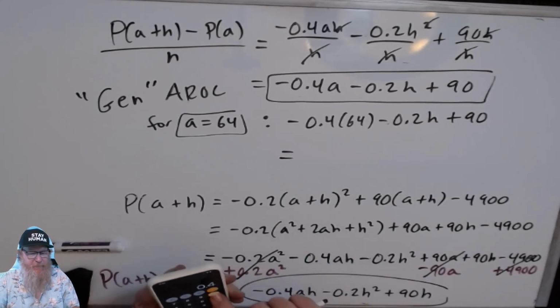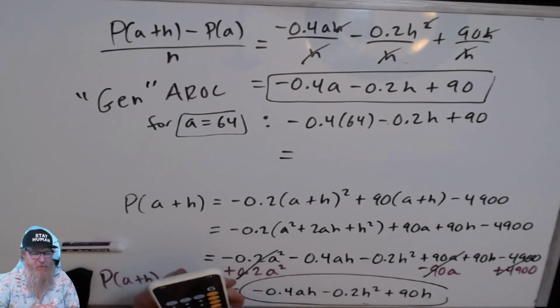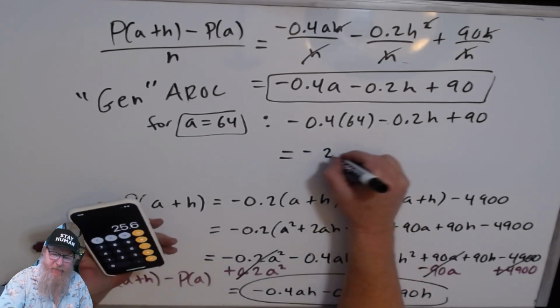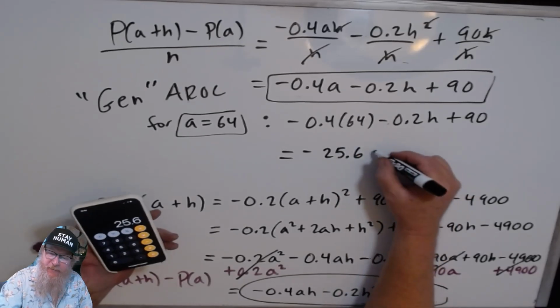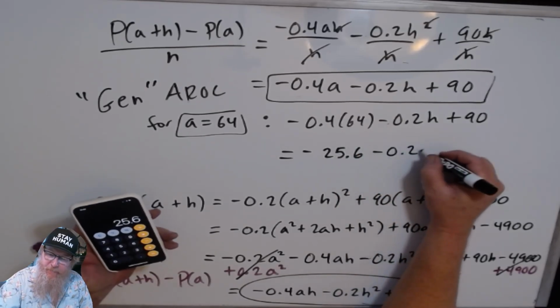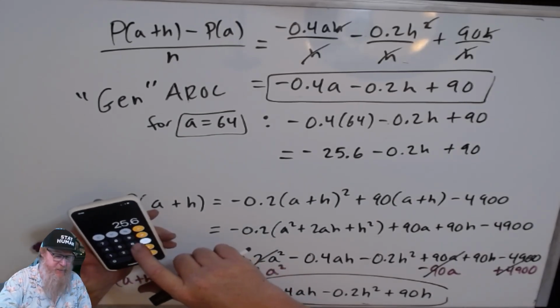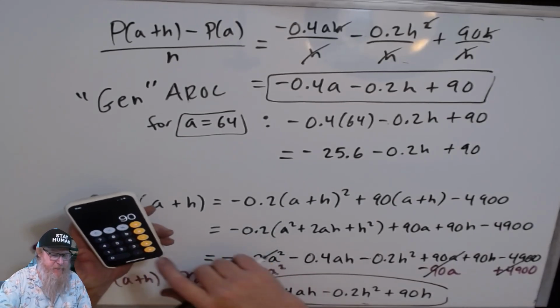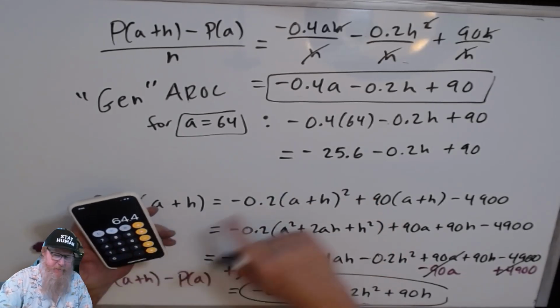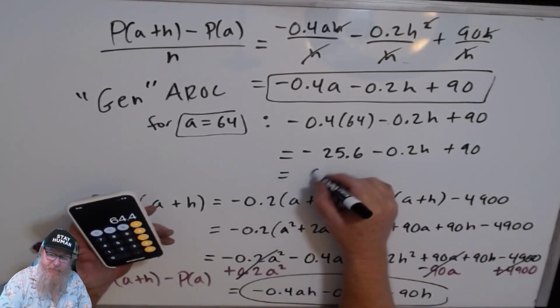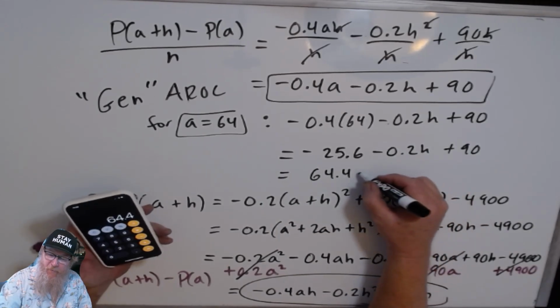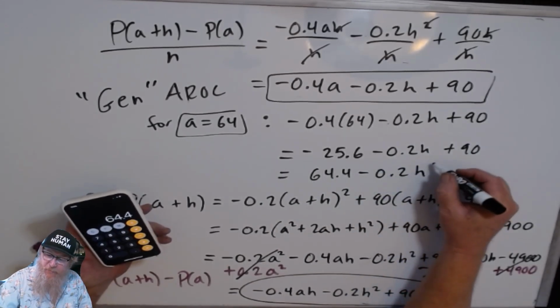Negative 0.4 times 64 is negative 25.6. And then plus 90. That's a negative, that's a positive, so it'll be positive 64.4 minus 0.2h.